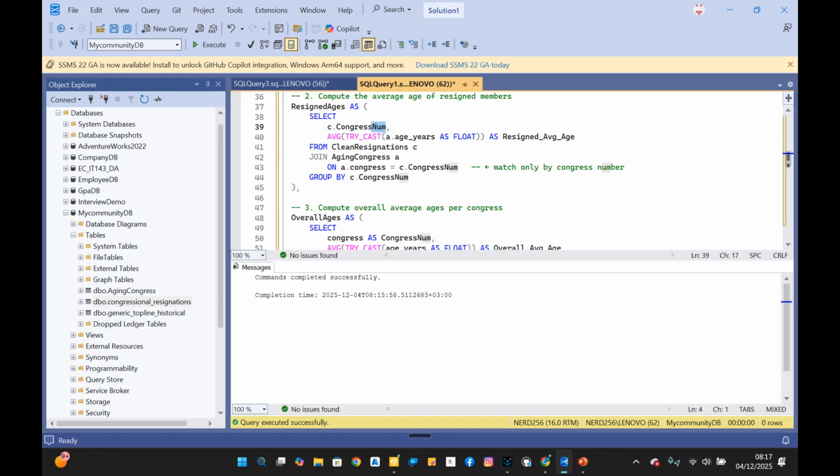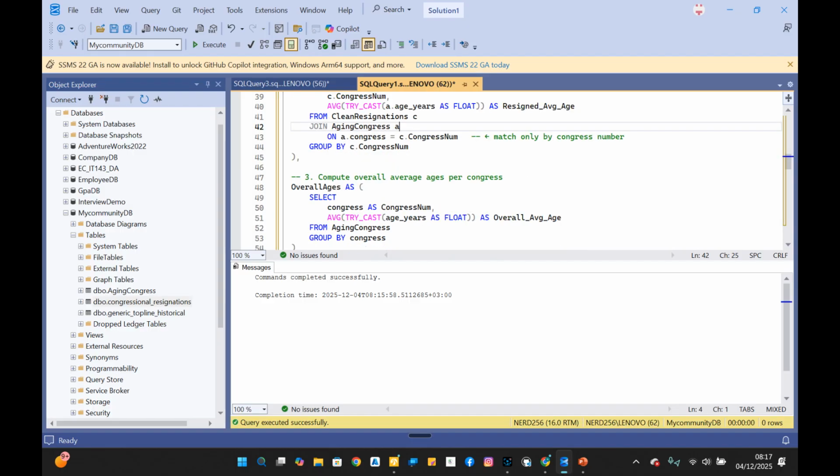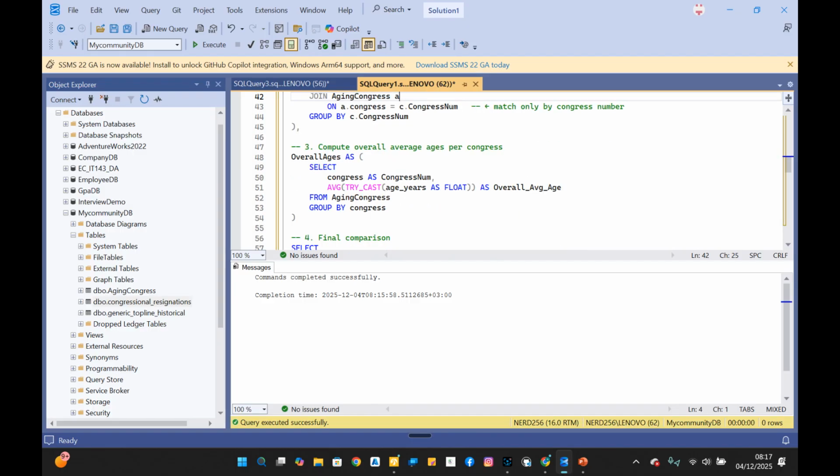We use the variable created up, then we get the average. We also convert this as a float, that is a decimal number. And we join aging Congress. This is a join. That is the second part.